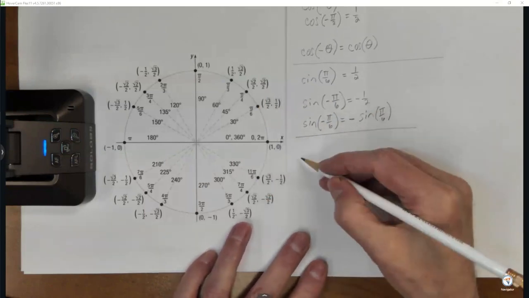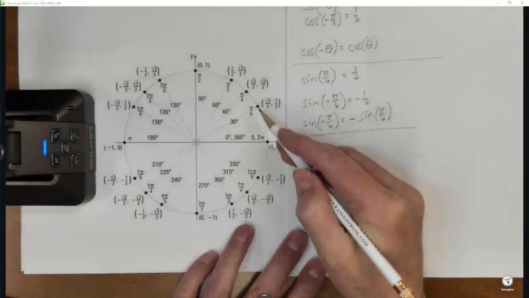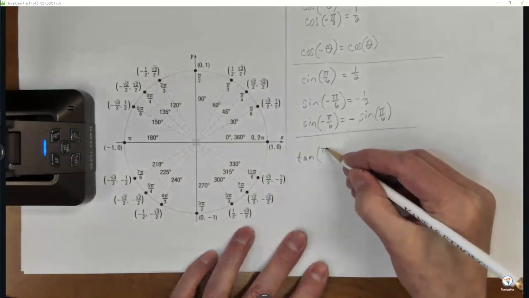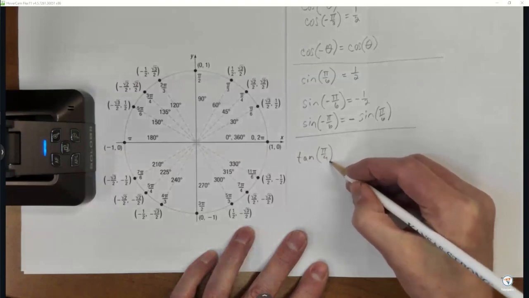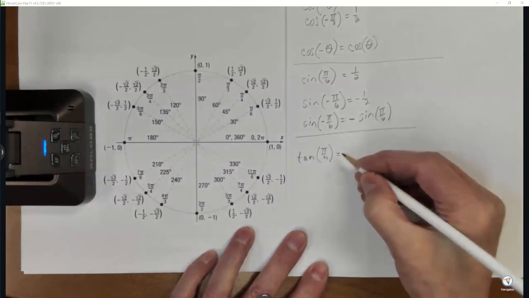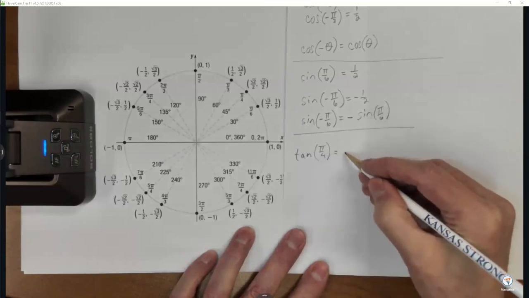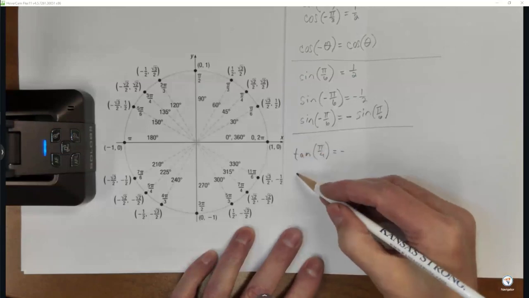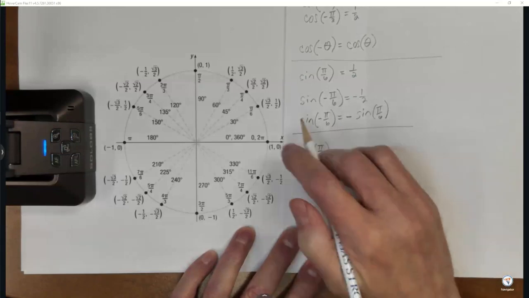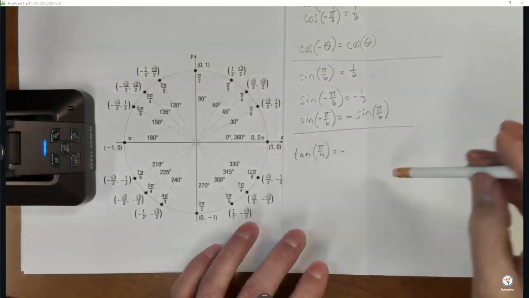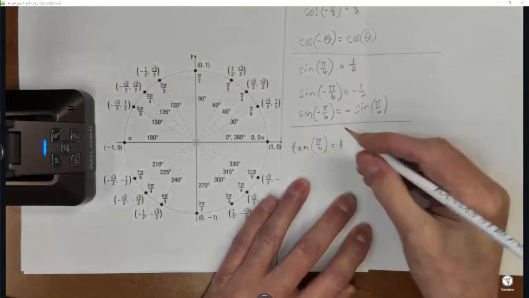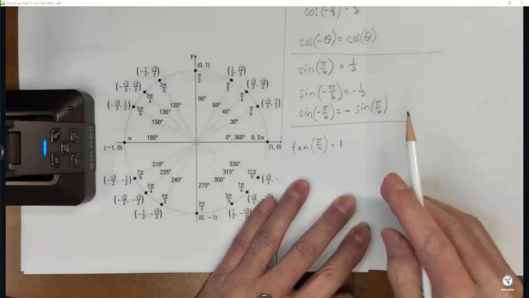So the tangent, let's just use pi over 4 as our representative angle here. Tangent of pi over 4 is equal to 1, because this number is divided by itself.